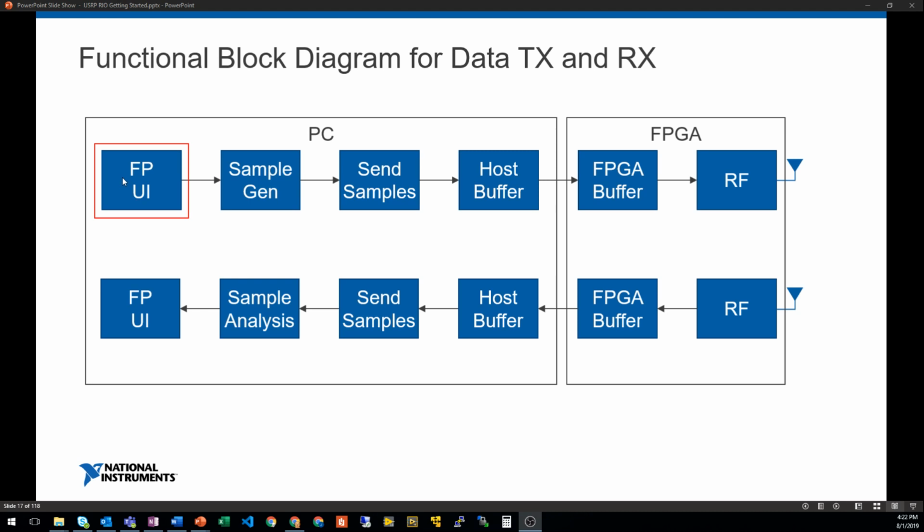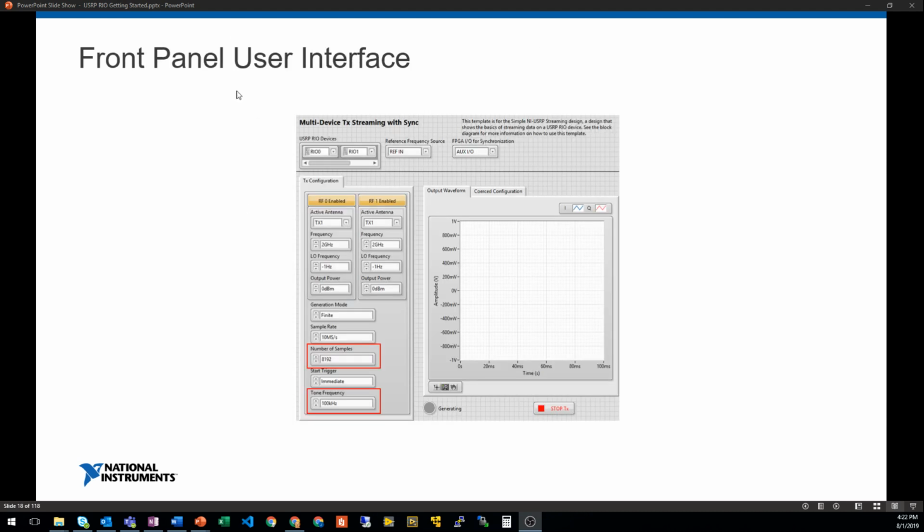So the front panel UI looks like this. This is the front panel of the example project. When we read how to run this project, you have to make sure you set up your USRP resources correctly. Then you set up your frequency reference source, and then select which type of synchronization you want.